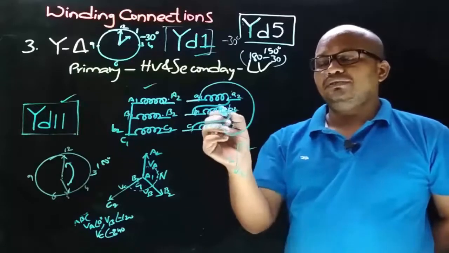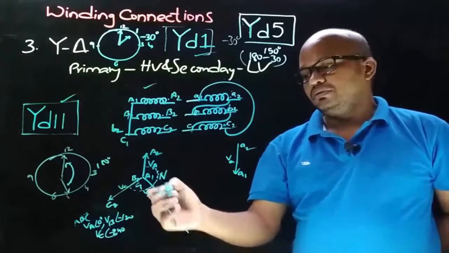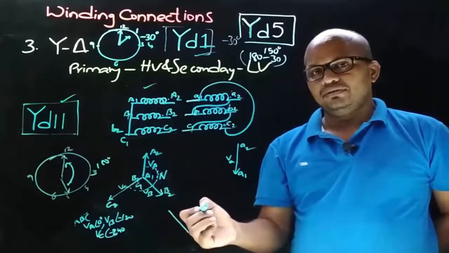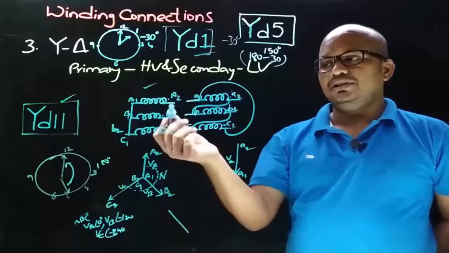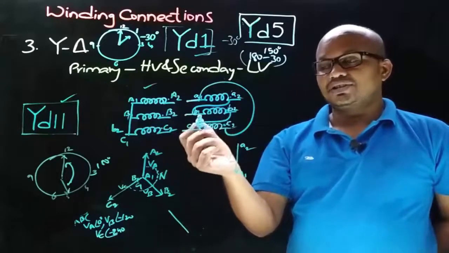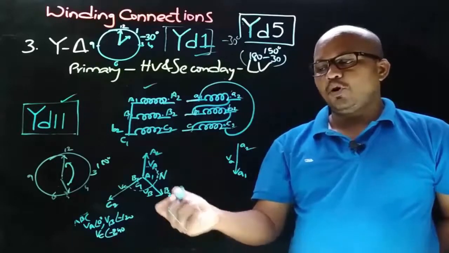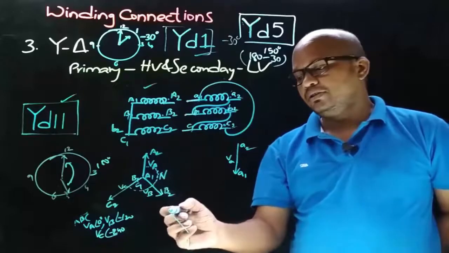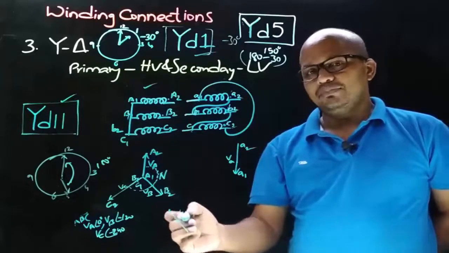Now let's draw the VB phasor. Drawing the VB phasor parallel to the primary side VB phasor like this. And now we need to decide the direction. Here the primary connections are taken on dot ends, and the secondary side connections are taken from non-dot ends. This means the secondary side VB phasor direction will be opposite to the primary side VB phasor. So like this. And now we need to decide the terminals.